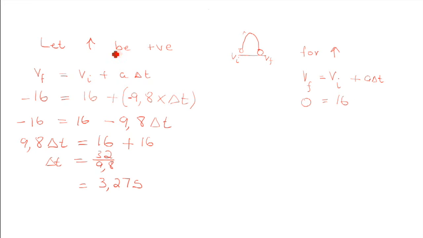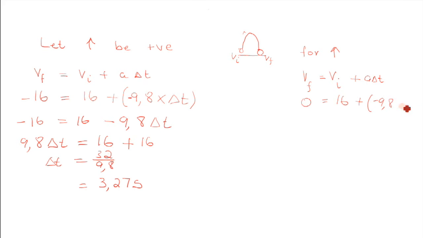Plus G, which is always downwards, so minus 9.8 delta T. Now we have 0 is equal to 16 minus 9.8 delta T. Preferably, let this negative go to the other side so that you've got something positive already. Delta T is equal to 16 over 9.8.